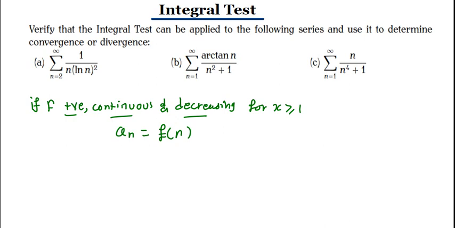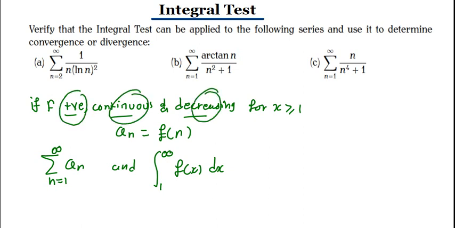What it simply means is that you have your infinite sum from n equals 1 to positive infinity of a sub n, and the integral from 1 to positive infinity of f of x dx. So these three being satisfied, then a sub n is equal to f of n.